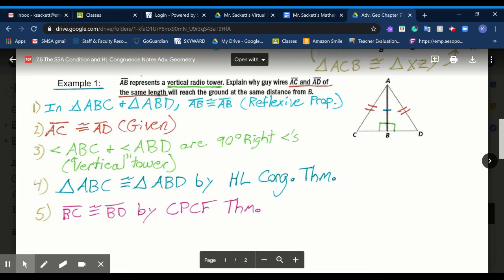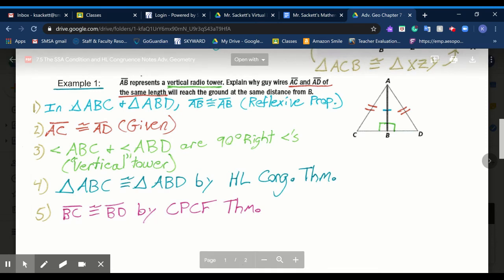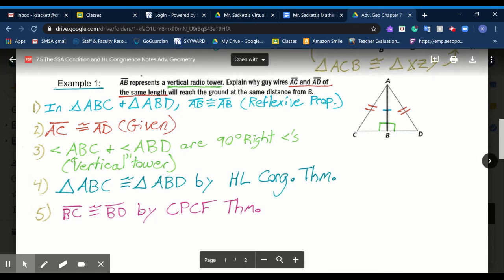So the first thing, if we look at triangles ABC and ABD, we know that tower AB is congruent to itself by the reflexive property. So I went in and marked AB being congruent to itself. From the given info, we knew AC was the same length as AD, so mark those as congruent.